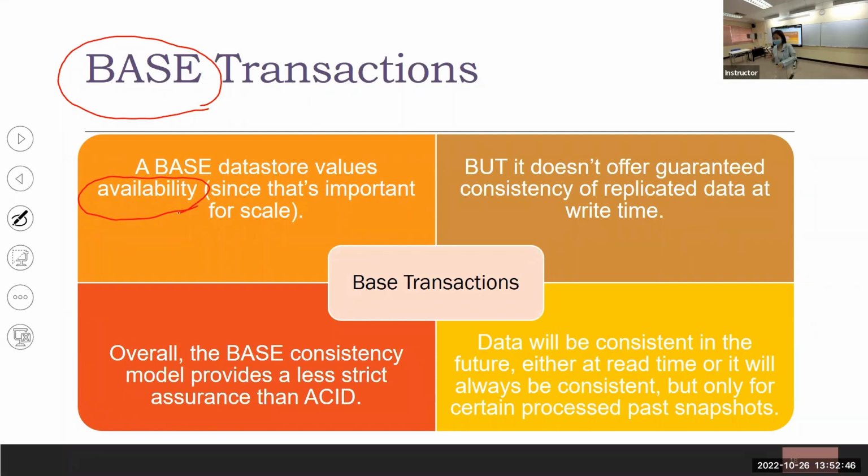So these are two different properties that different models try to achieve. And again, there's no right and wrong. It really depends on your application, which one is more suitable. Okay.